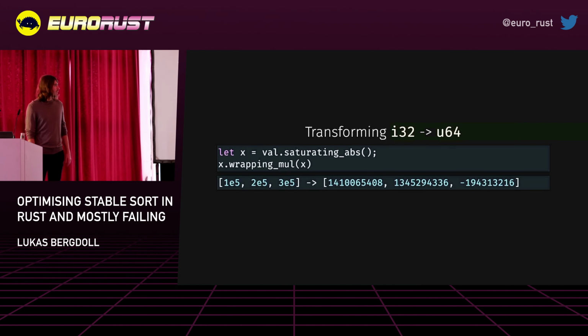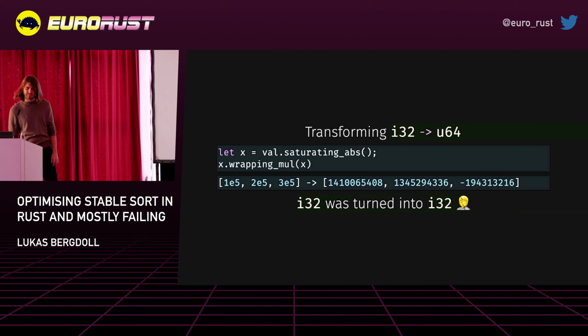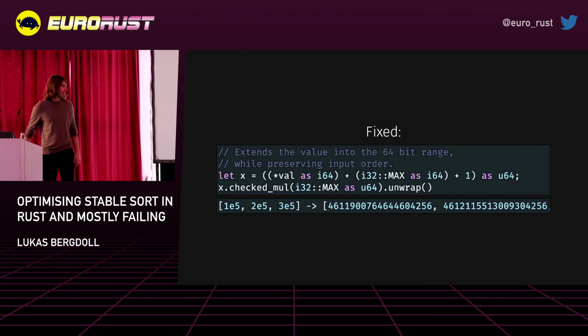But if we just put in some numbers, the result doesn't maintain the pattern at all. This is an ascending pattern, but we get random numbers. The mistake I made was that I turned an I32 into an I32, because I used a closure and never specified a return type. I thought I specified U64, but I didn't.